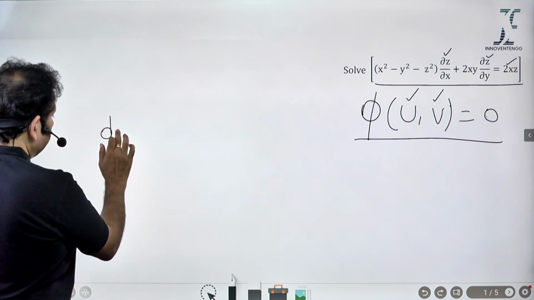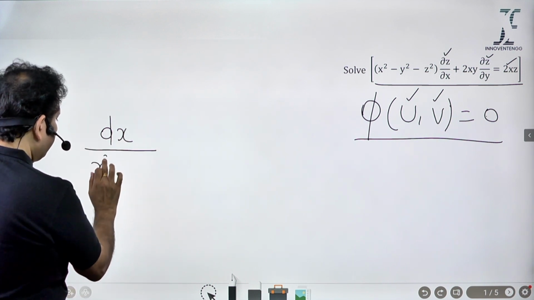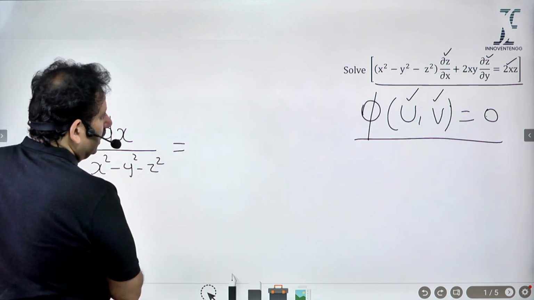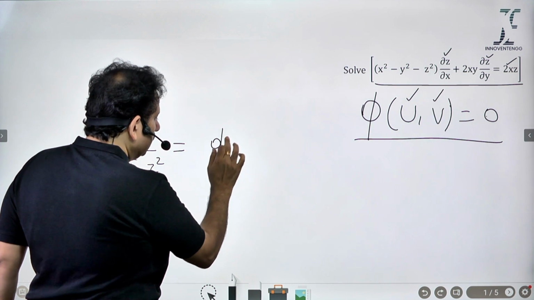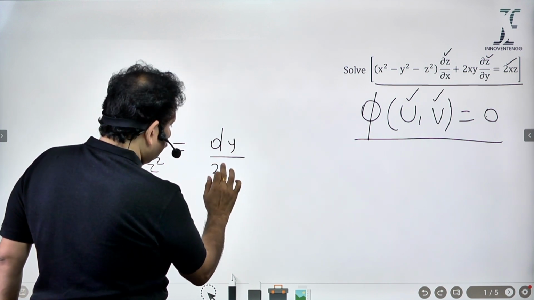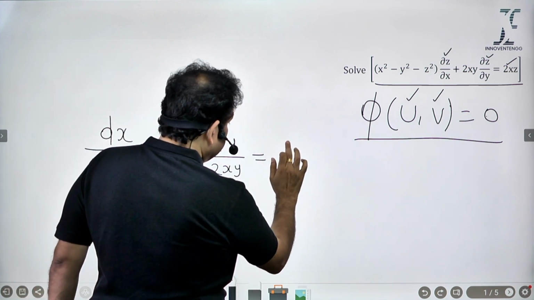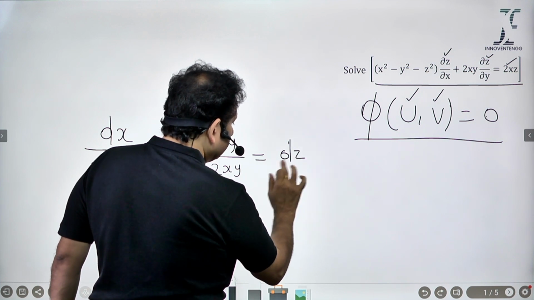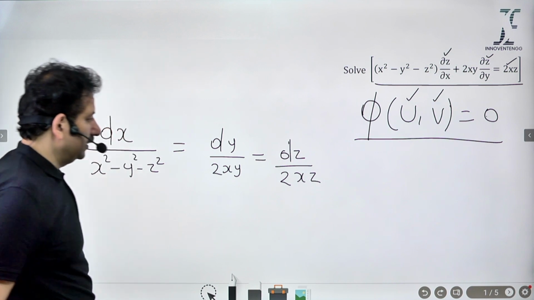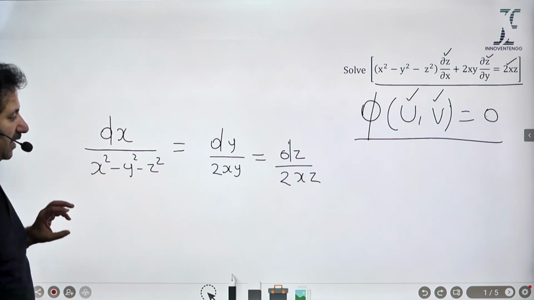Now you have the first ratio, dx by x square minus y square minus z square. That's equal to dy divided by 2xy, the coefficient of q, and then dz by r, which is 2xz, right? So this is the standard form in which you will have to write.